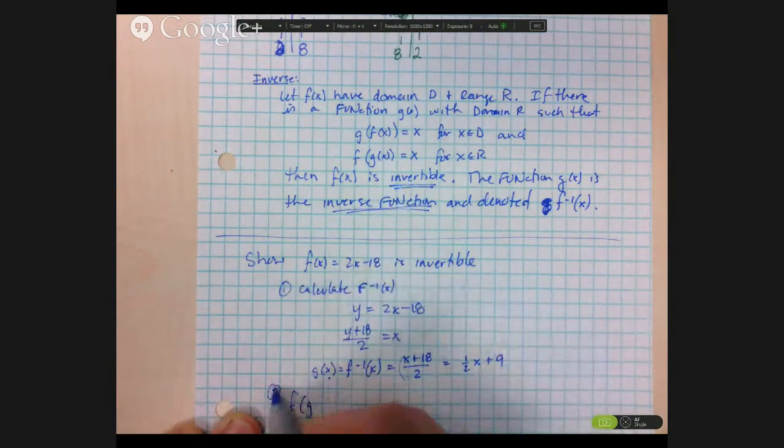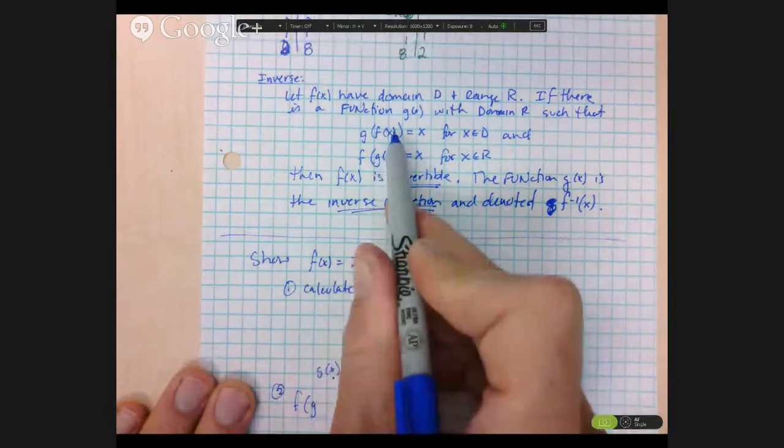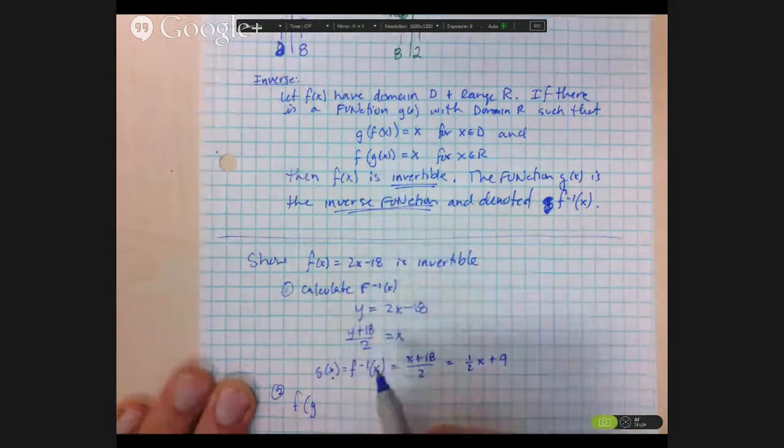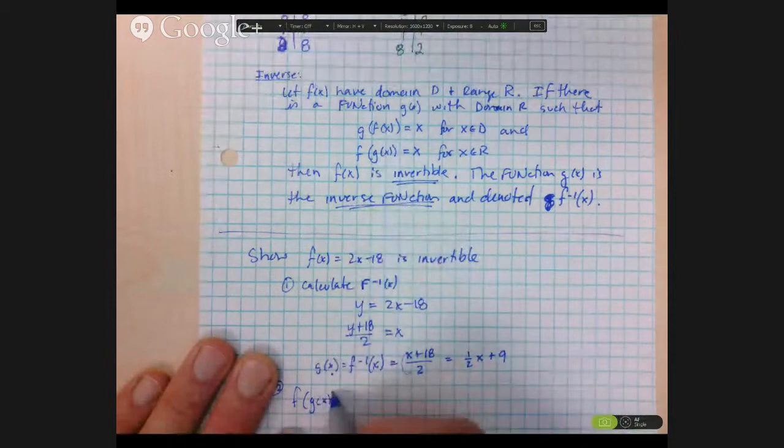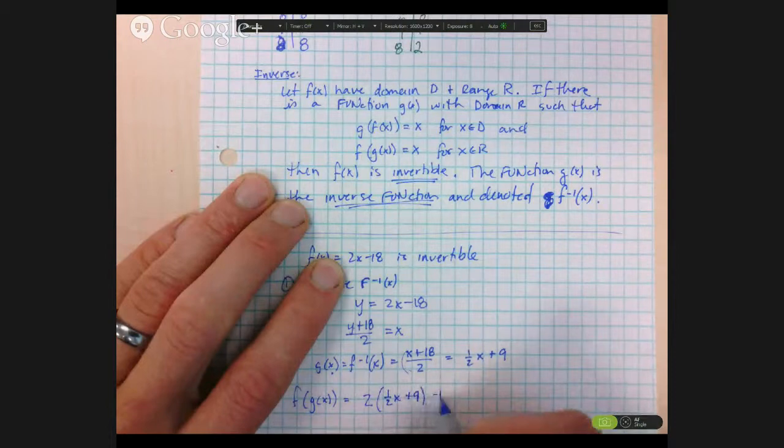Second step is to verify these two items, g of f and f of g. So f of g of x is 2 times (1/2 x plus 9) minus 18.